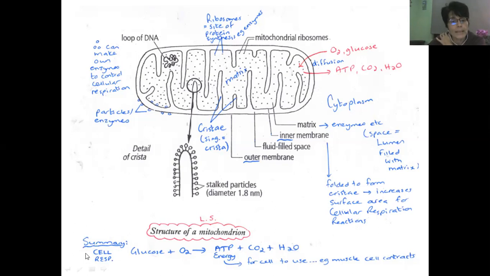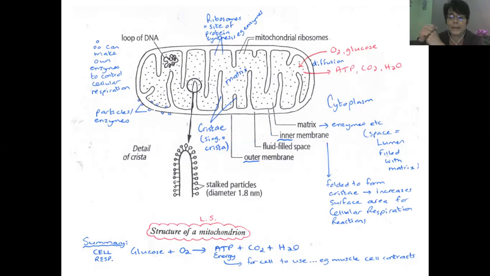Just to remind you, I have given a summary of the cellular respiration reaction at the bottom here. Glucose is broken down using oxygen to produce energy, and all these reactions are controlled by enzymes, and then CO2 and water vapor are given off as waste products, and that energy can be used by the cell so that the organism can grow, so it can move.